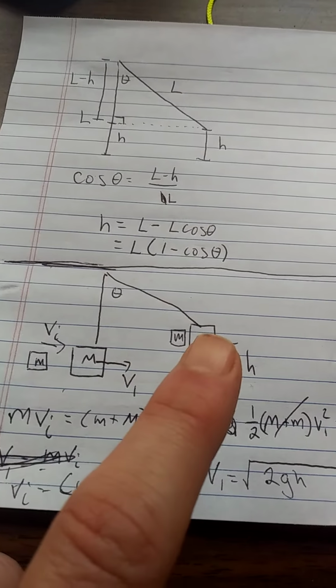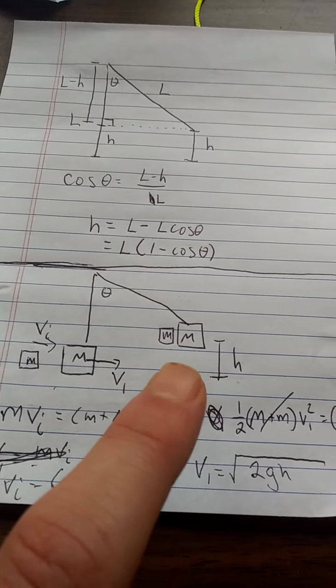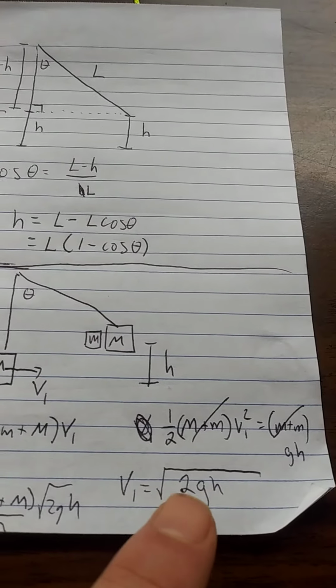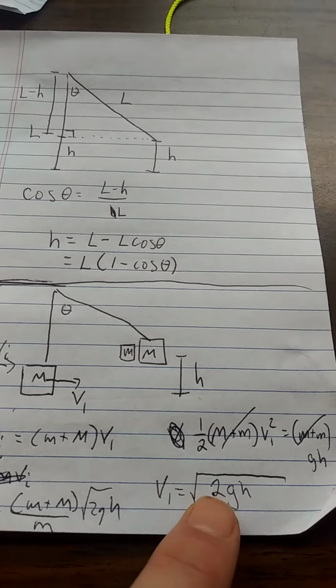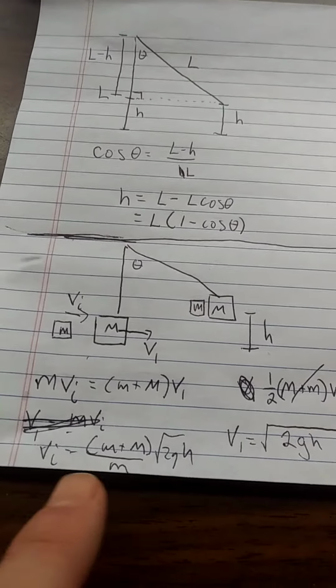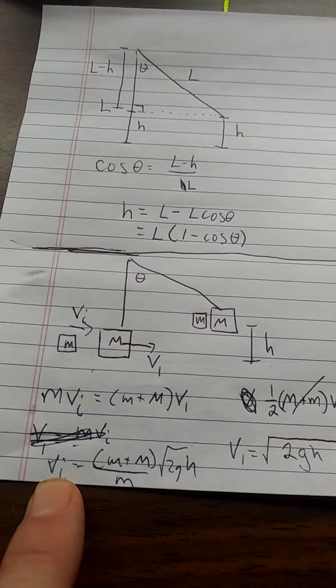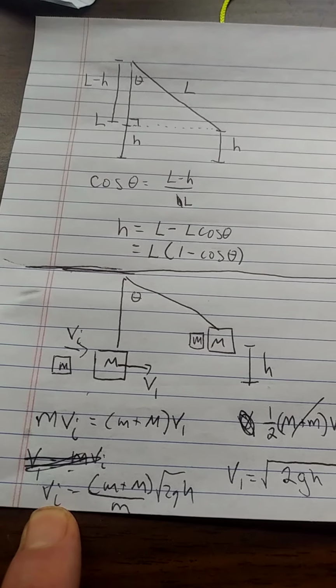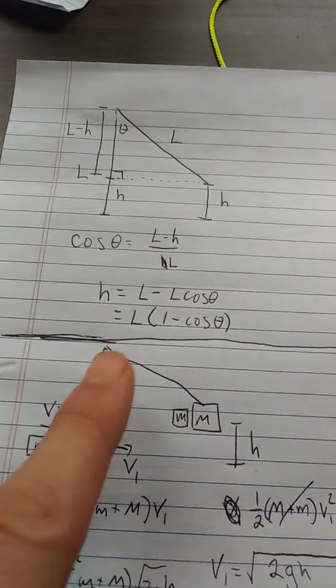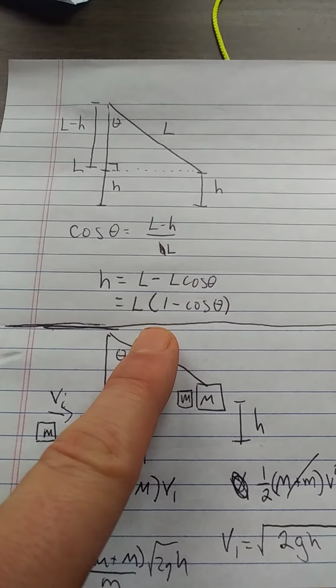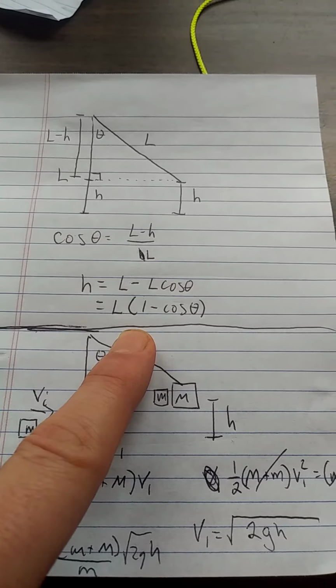Then that swings up to a certain height, and that's a conservation of energy problem, a familiar result for us. Then you plug this back in to get the solution for the initial projectile speed given h. You plug h in from your measurements for L.